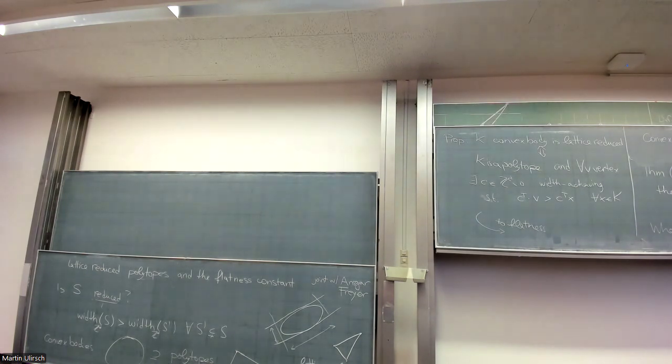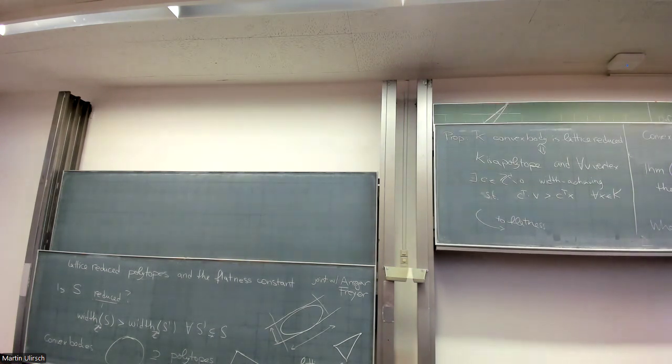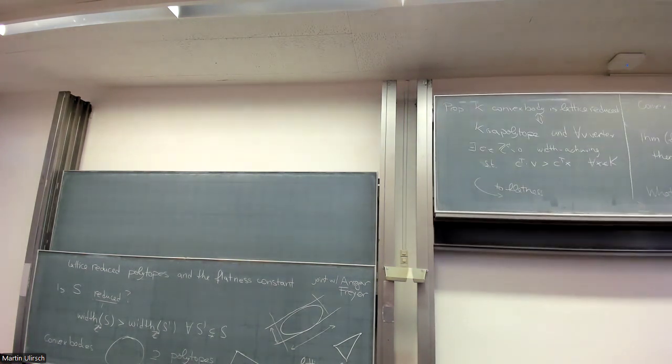You just get some upper bound, which is valid. I mean, everything that has larger width is not hollow. But the question is, how small can I make this number? Exactly.